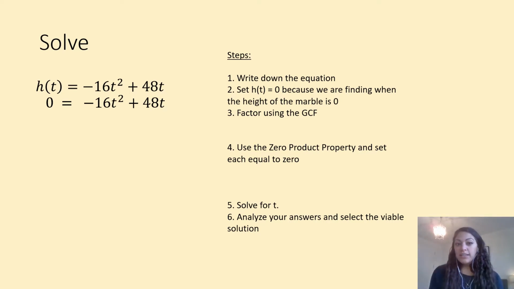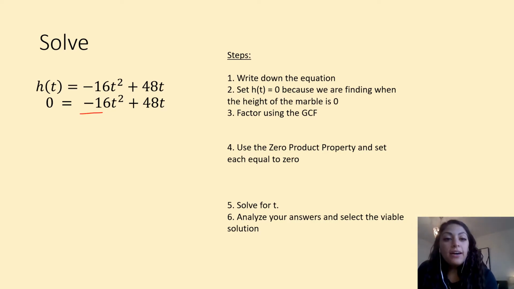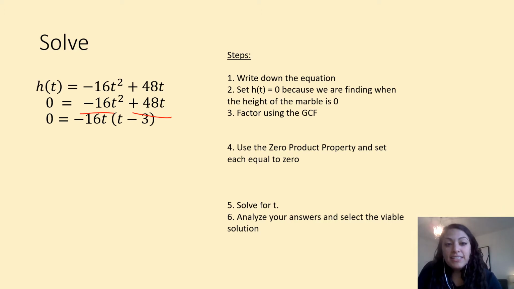Now we're going to factor, but this is not a quadratic function in standard form. So really, we can only use GCF, greatest common factor. What are both negative 16t squared and 48t divisible by? How can I simplify this? Well, they're both divisible by negative 16t. So that negative 16t is going to come out in the front.